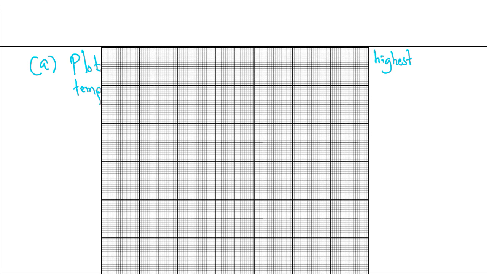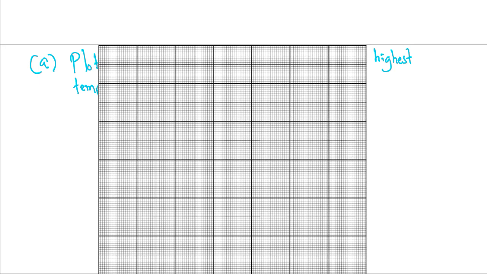So this is the grid that you're going to use to plot that graph. The grid must fit the space that you want to use to plot the graph.